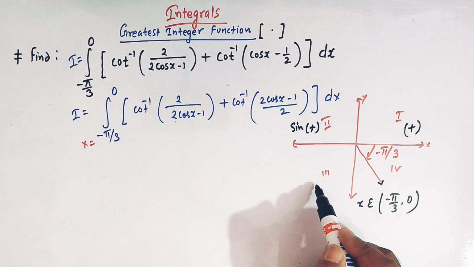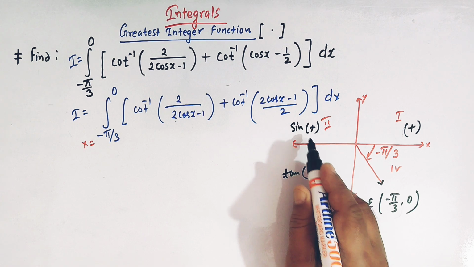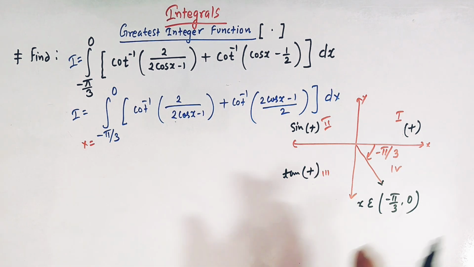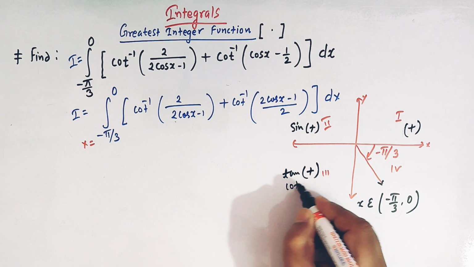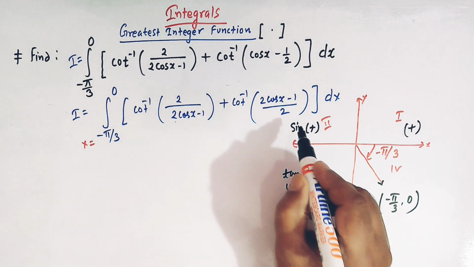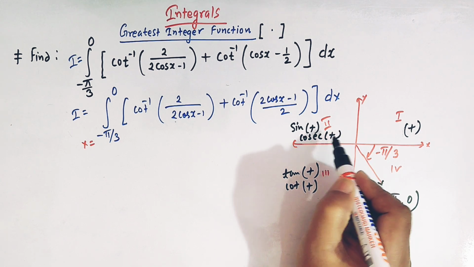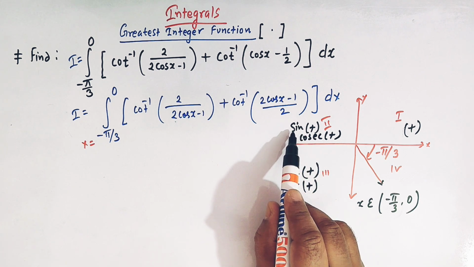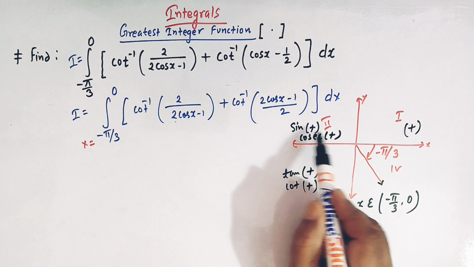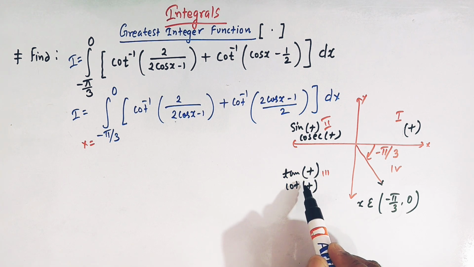In the third quadrant, the tan function is positive and the other trigonometric functions are negative. Obviously cot is also positive, and cosec is also positive, because cosec is the reciprocal of sine, and cot is equal to 1 over tan.